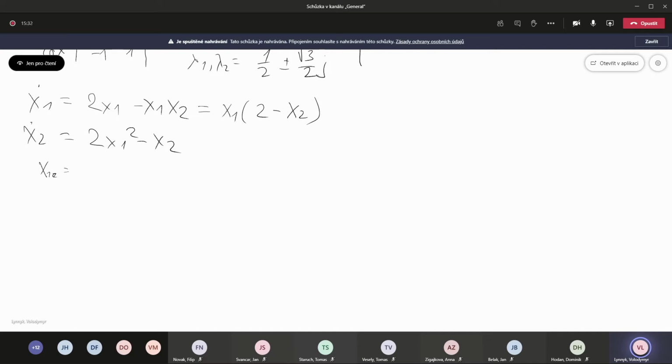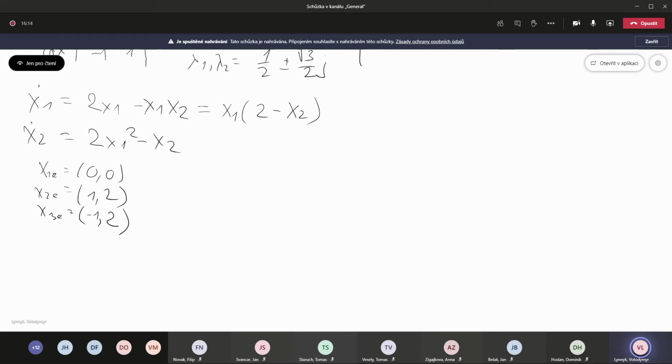The second one: x2 equal to 2, so x1 equal to 1, giving 1 and 2. The third one has x2 equal to 2 and x1 equal to minus 1. Any question here?